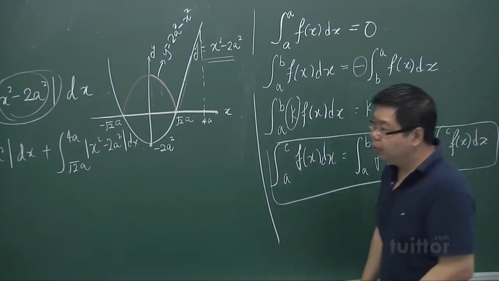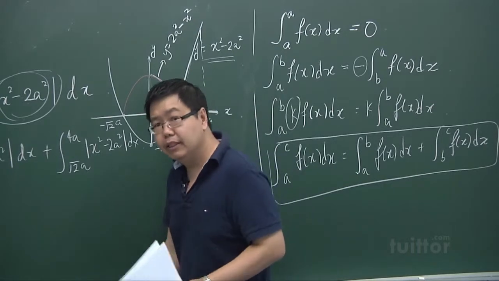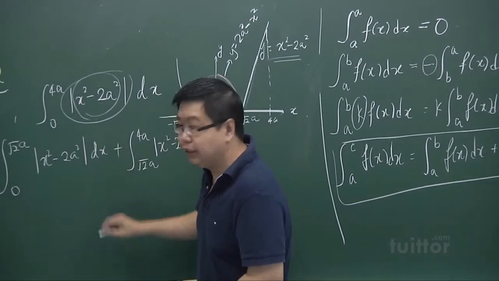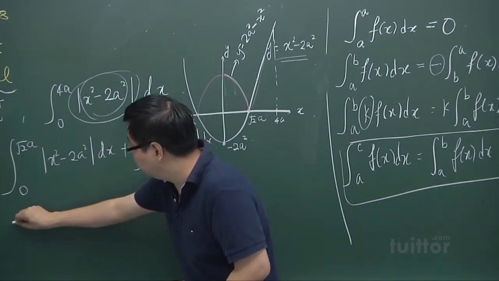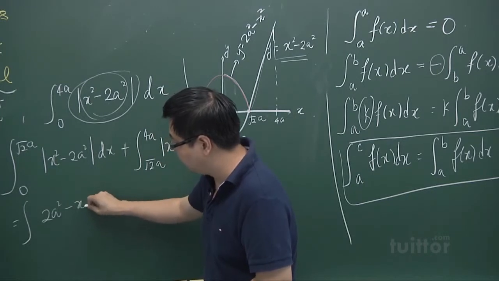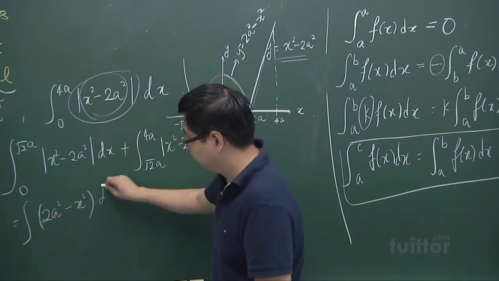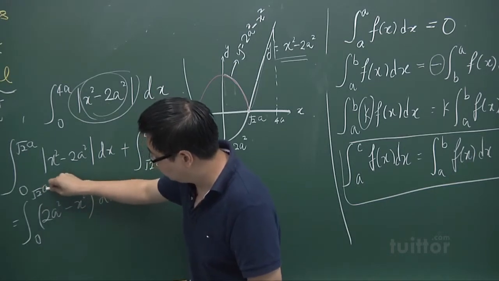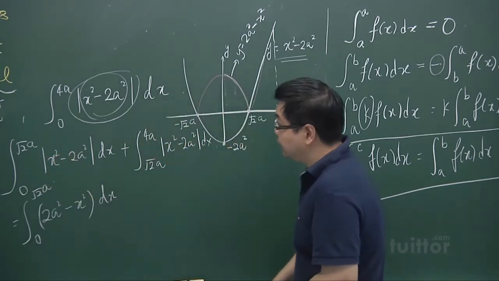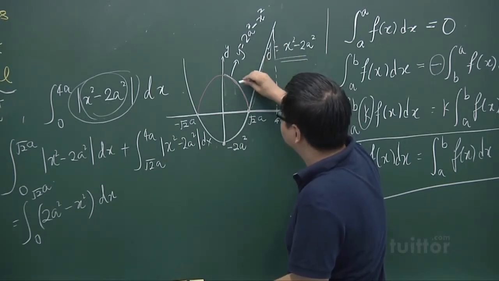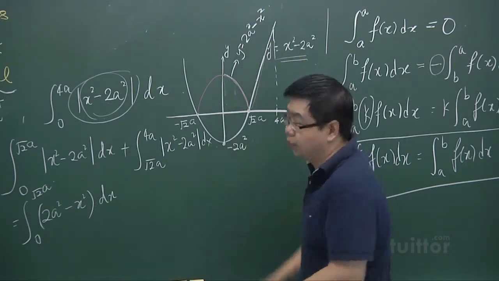The usefulness of this splitting of limits is because in this integral, the modulus function can actually be replaced by 2a squared minus x squared. The reason is because from 0 to root 2a, the modulus function is actually 2a squared minus x squared.